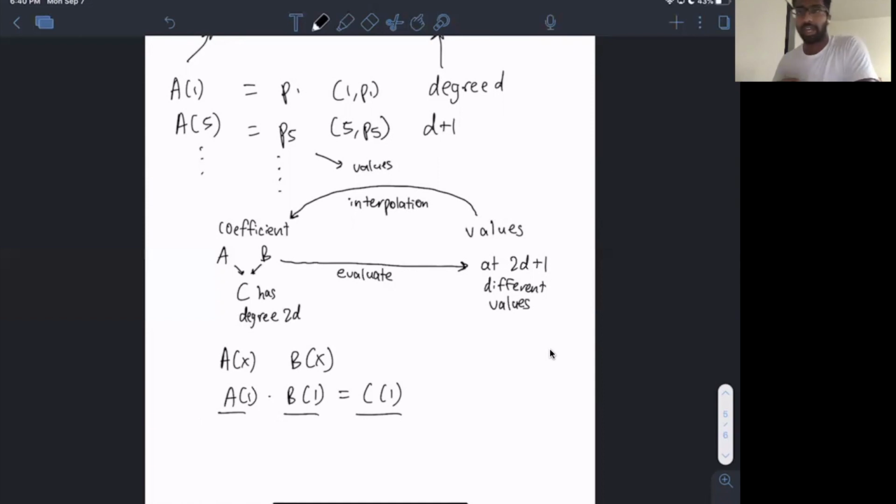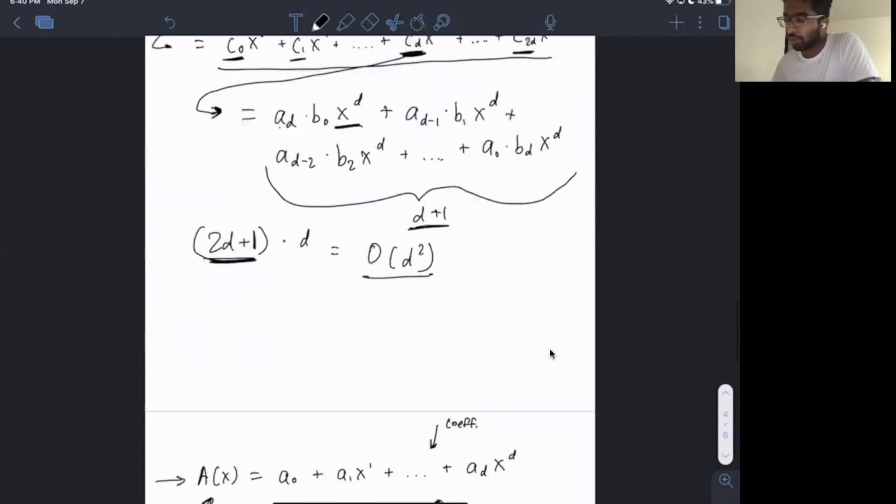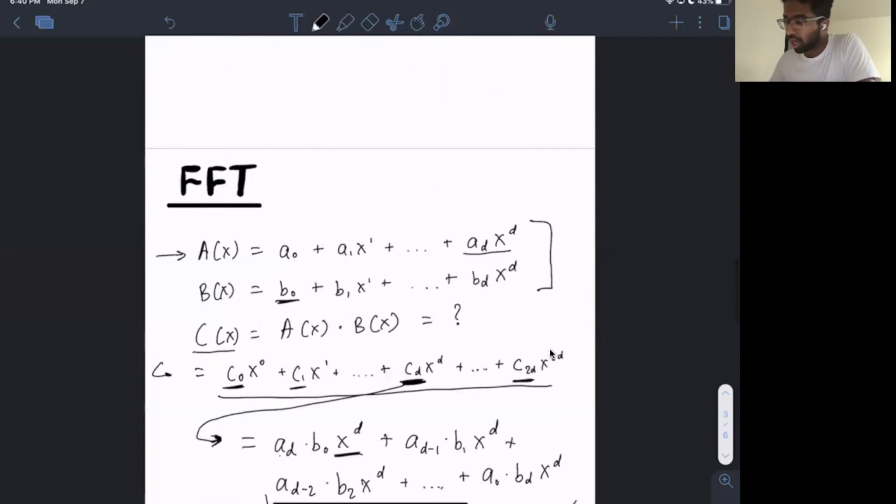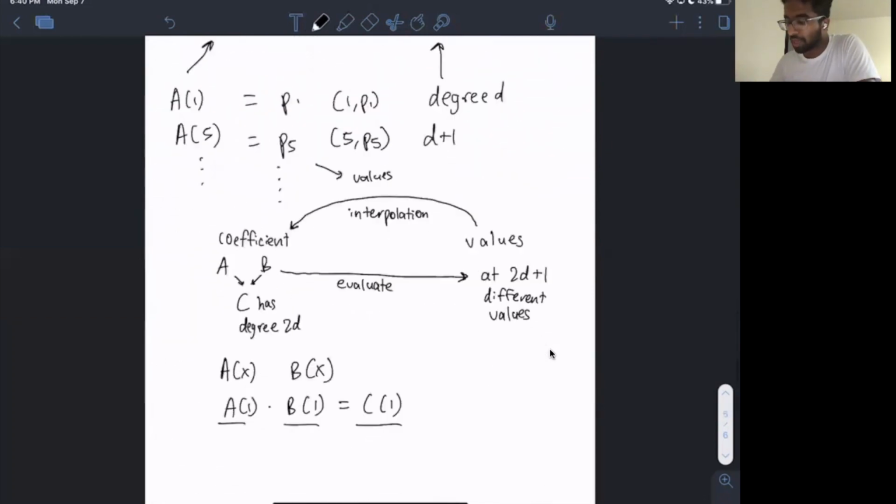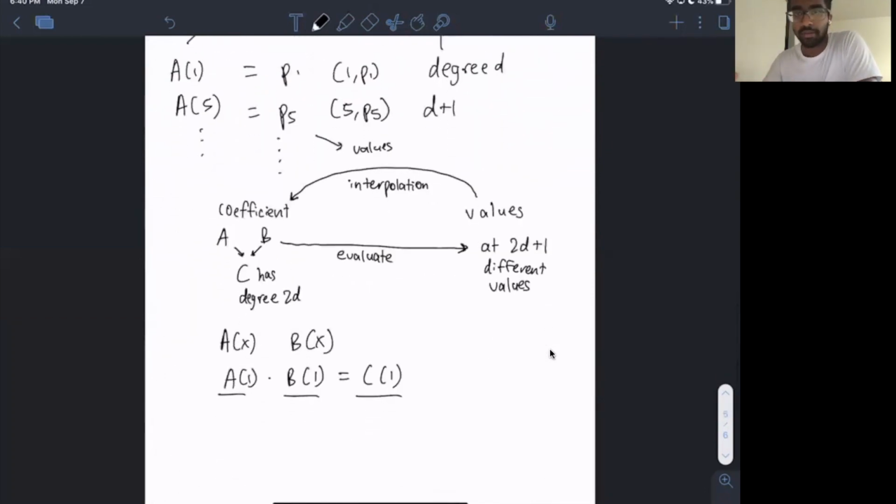Again, just to give a really high level overview of how this works. We have A and B in coefficient expression, the coefficient view. We then evaluate A and B at 2D plus 1 different points, so we get them here in the values view, where we have 2D plus 1 different values.